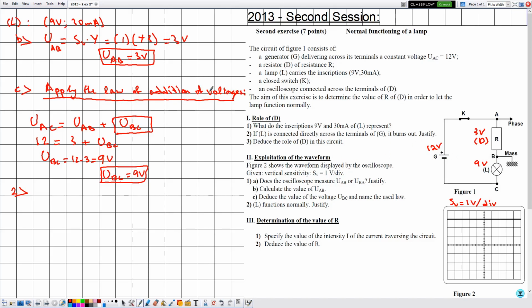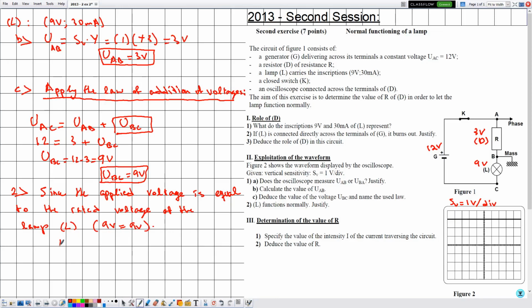Since the applied voltage is equal to the rated voltage of the lamp L, then the lamp L will function normally, and this is because 9 volts is equal to 9 volts.